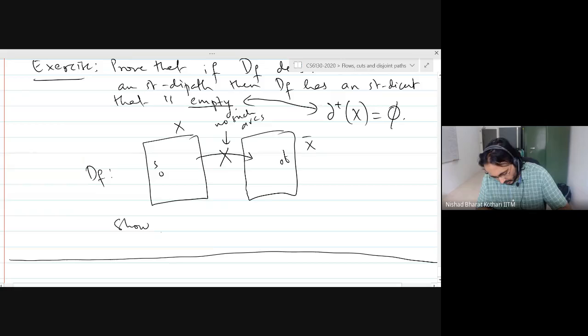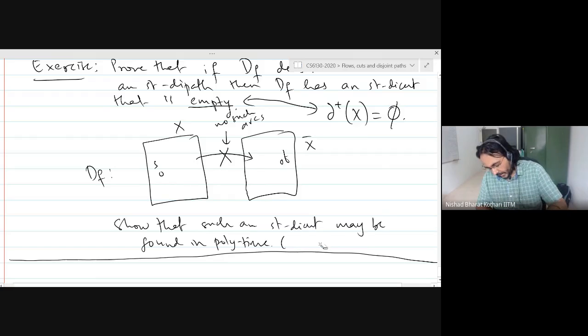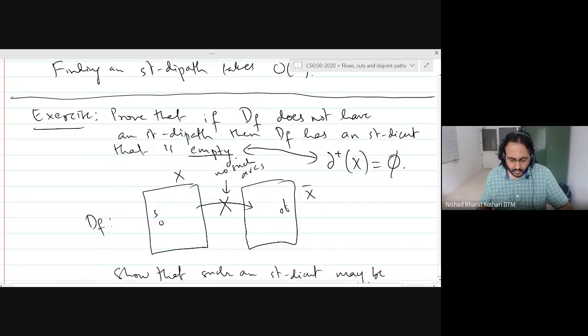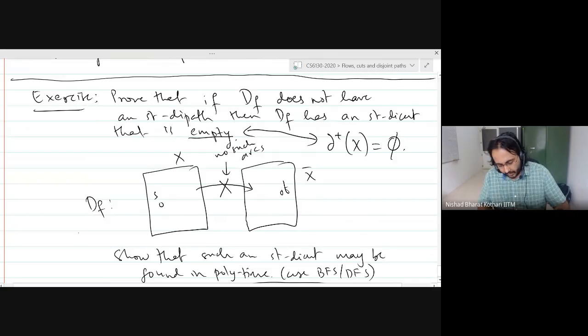Show that such an ST dicut may be found in polytime. And I am already giving you the hint. Just use breadth first search, depth first search, and prove it. Okay, it's quite easy.